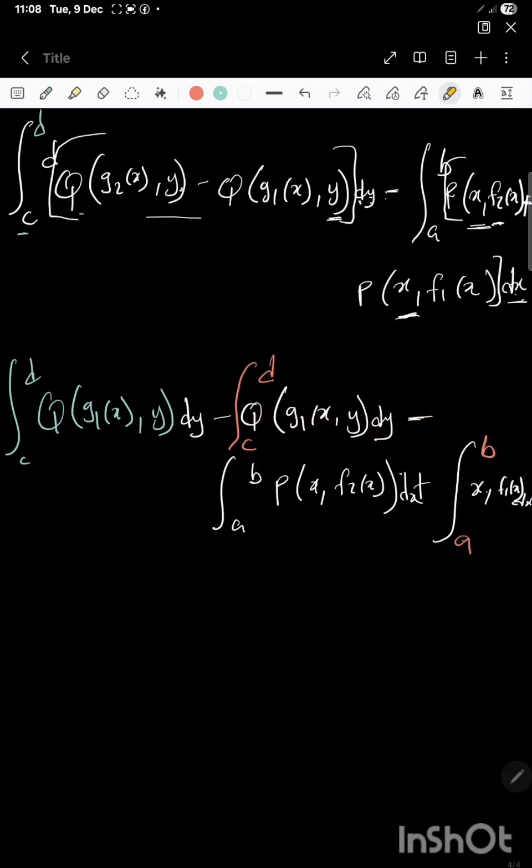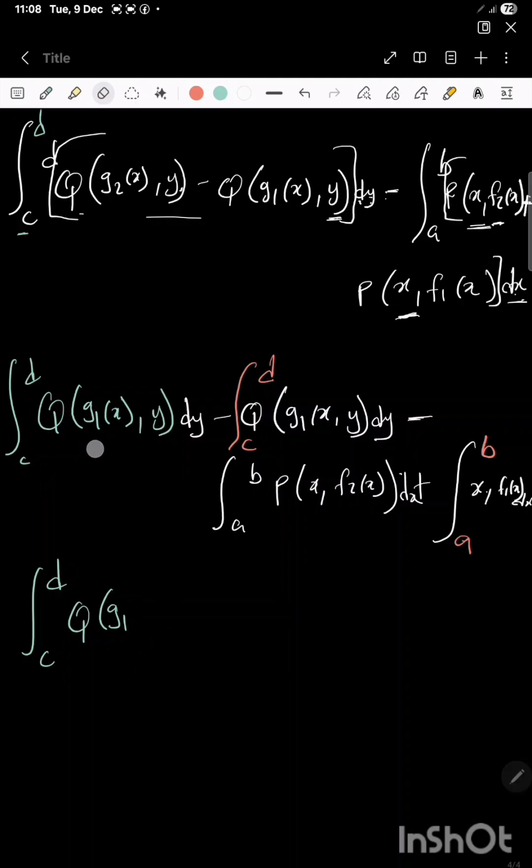So by doing so, I'm going to write my final answer. Okay, let me do this again. We are going to integrate from C to D of the function q of g1 of x, comma y dy.